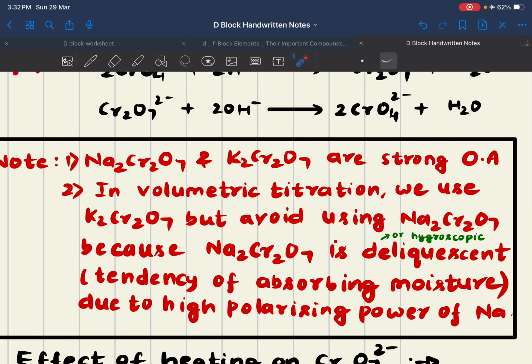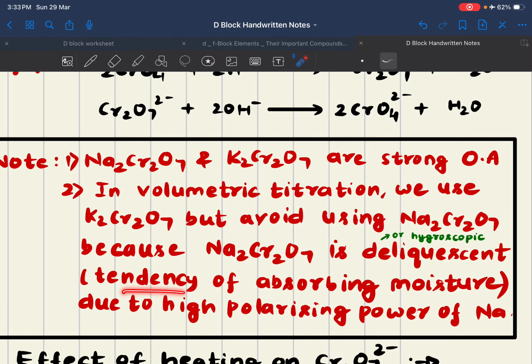Sodium is smaller than potassium, so it has high polarizing power and attracts more water molecules. It has a moisture-absorbing tendency, and so we may not get accurate readings. That's the reason we don't prefer Na2Cr2O7, we prefer K2Cr2O7.